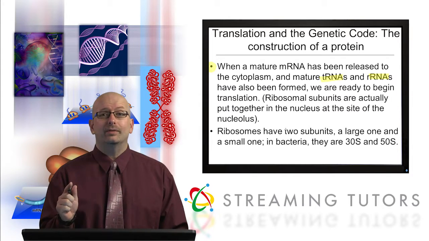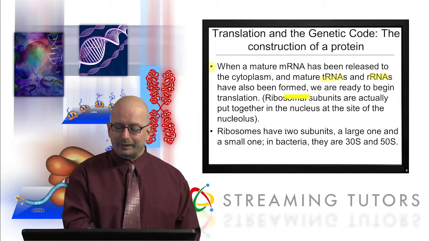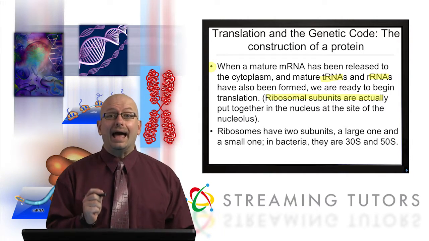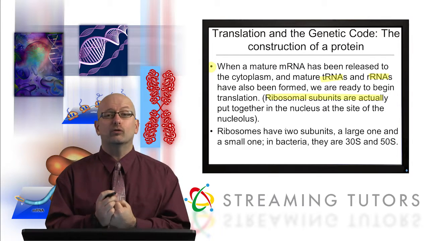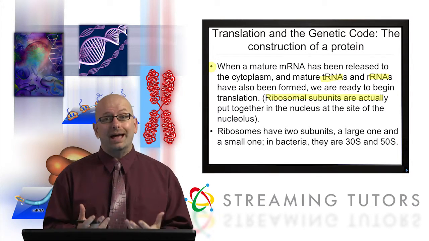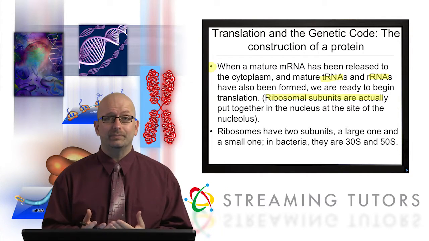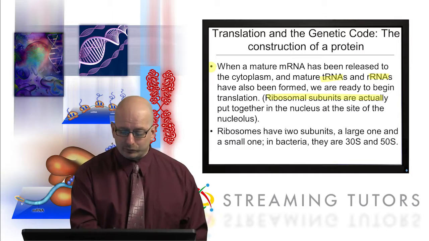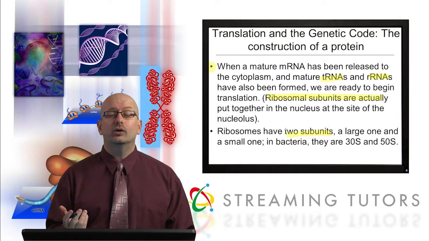We'll talk about the mechanics in the next part, but remember that ribosomal subunits actually start getting put together in the nucleus, and that all that transcription of ribosomal RNAs is actually what the nucleolus actually is. Ribosomes, remember, have two subunits, a large one and a small one. In bacteria, they're 30S and 50S.